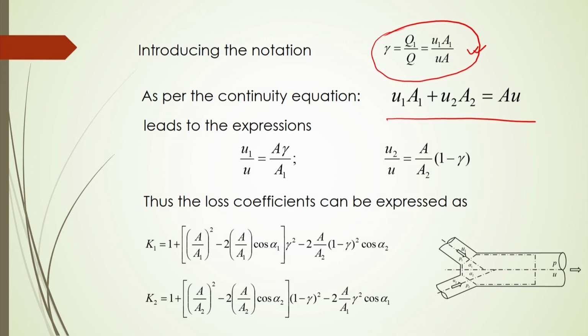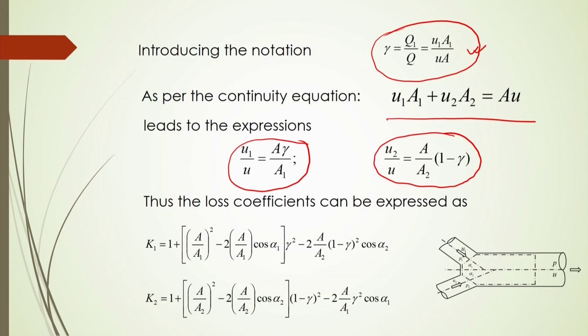Defining this gamma and substituting these equations, we get u_1 by u will be equal to A gamma by A_1 after simplification. Similarly, the ratio u_2 by the mainstream u will be equal to A by A_2 into 1 minus gamma.